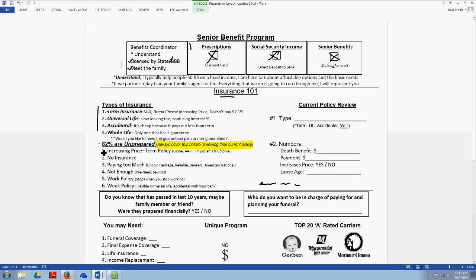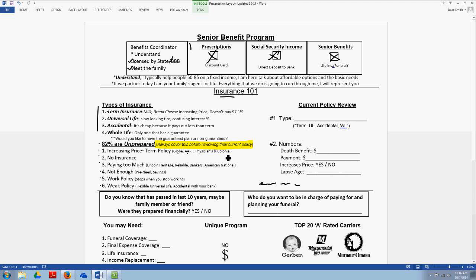82% of people are unprepared when they do not have insurance. Guys, I'm flying through this very fast. I'm not going to spend a lot of time. Why? Because this is mainly for policy review. Because if they have Globe or AARP, this is a way of educating them about the problems of working with these companies.